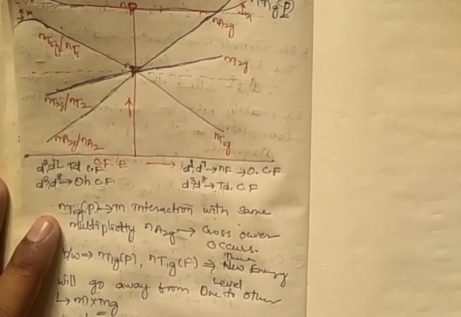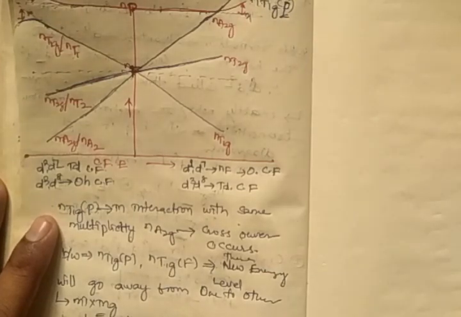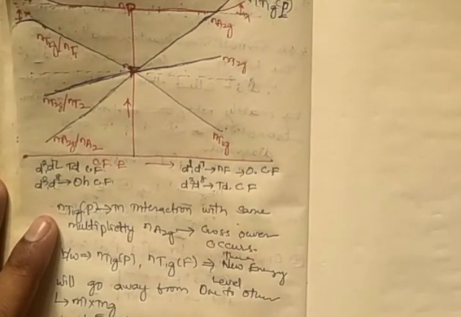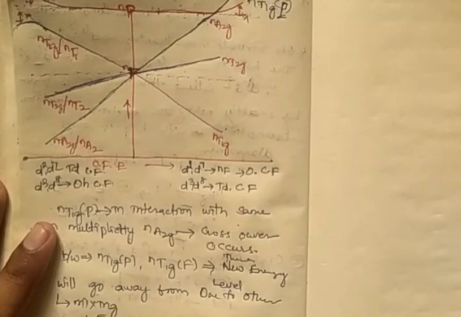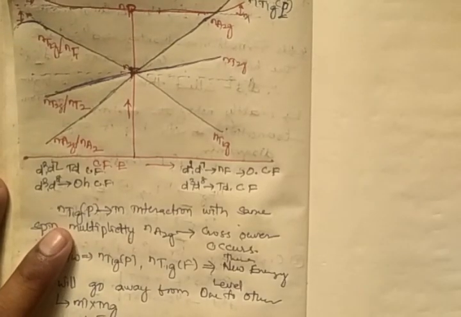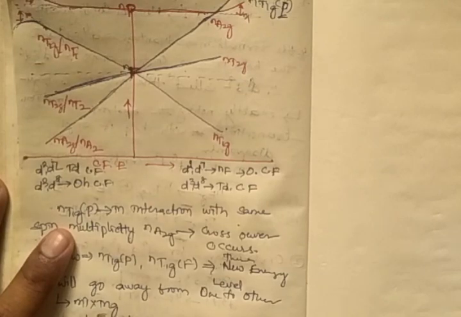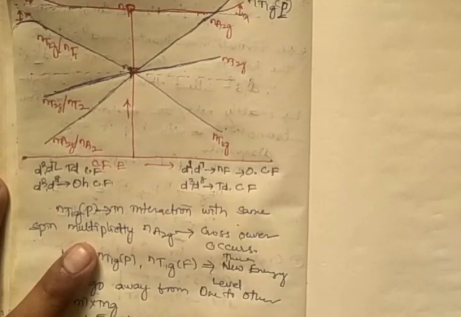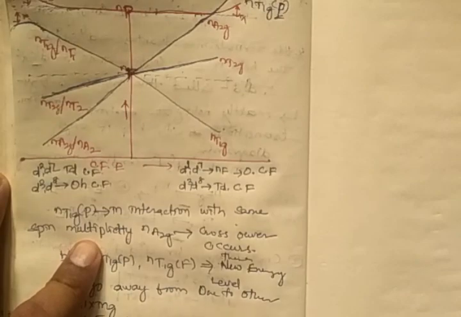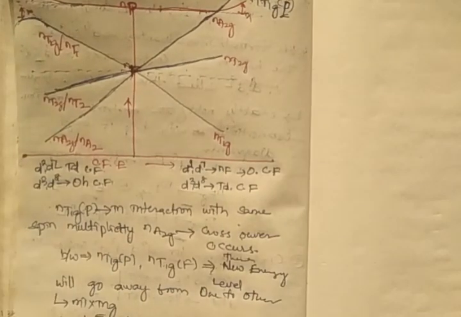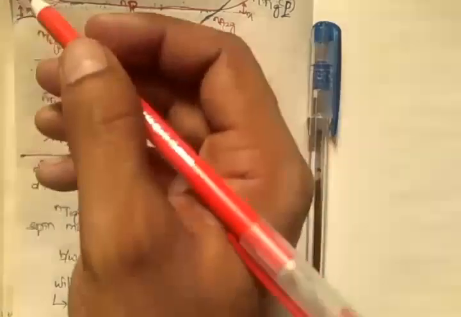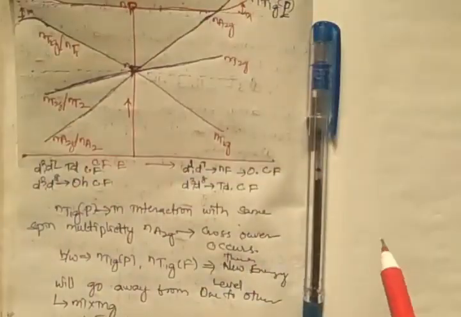The repulsions will be the same, and these repulsions will be inversely proportional to the extent of interaction. So the lesser the interaction, the greater the mixing will take place.